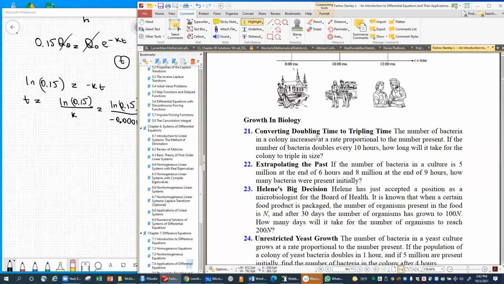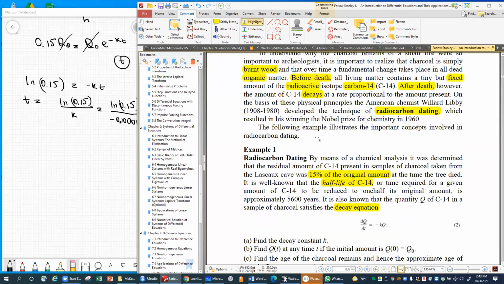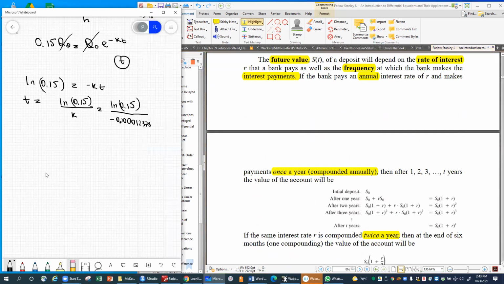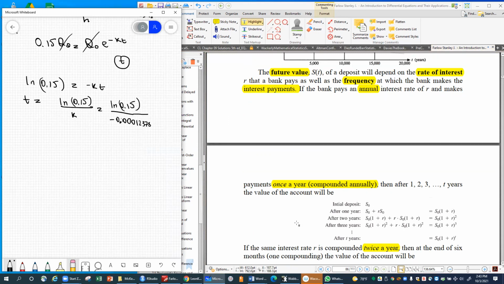Okay, so let's see. First, compound interest, which is discrete. Let's work that one out. So if you have, say, an initial deposit S0, what happens after 1 year? Well, assume for now it's just compounded once a year. It's what it was times r, the interest. So you get S0 (1 + r).